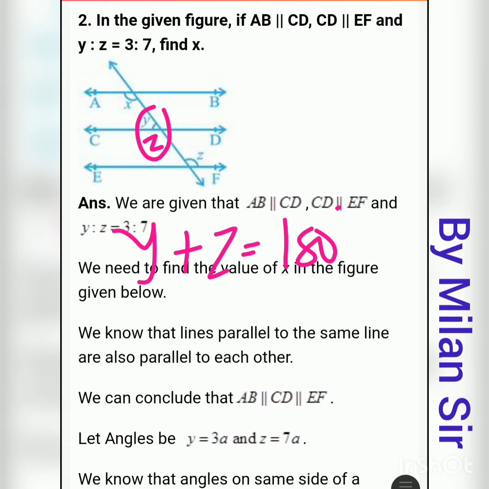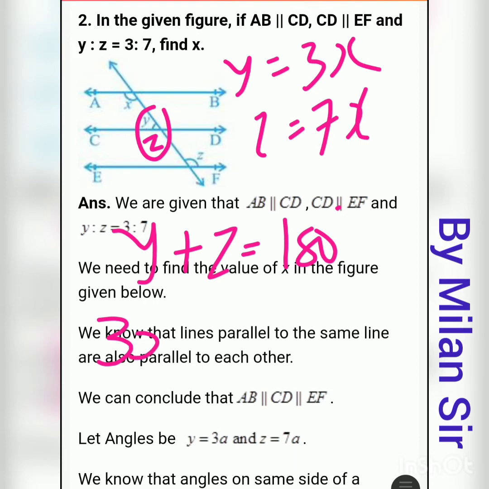So y plus z is equal to 180 degrees, and we already assumed the value of y is 3x and z is 7x. Now put these values here. So 3x plus 7x is equal to 180 degrees.